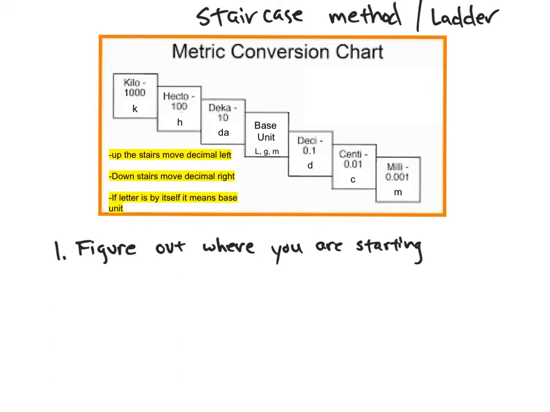So say I'm going to go from 30 grams, and I want to convert to centigrams. Number 1 says figure out where you're starting. If you look at my example, I am starting at grams.